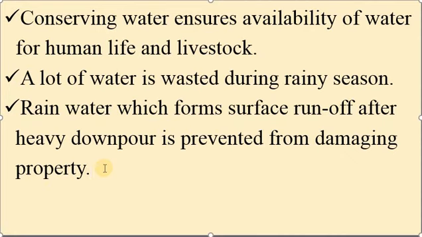So when we conserve water, that means we will have prevented surface runoff from damaging property because we are directing it to a safe place where it can be retained, where it can be kept for future use. Therefore, it will no longer flow and cause damage to roads, farm structures and other infrastructure.